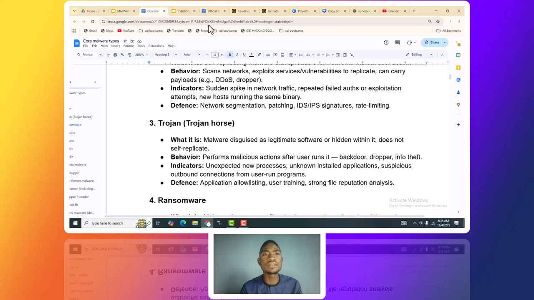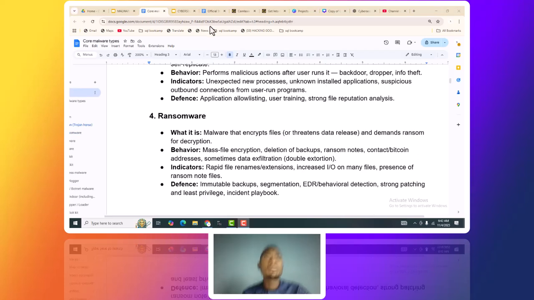our devices. So another malware we will look at is called ransomware. Ransomware is actually a malware that encrypts files or threatens data release and demands ransom for decryption. So the malicious hacker writes software that can encrypt your files or your folders or even cause access denial to your system.